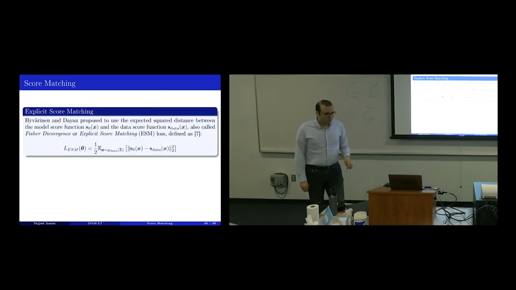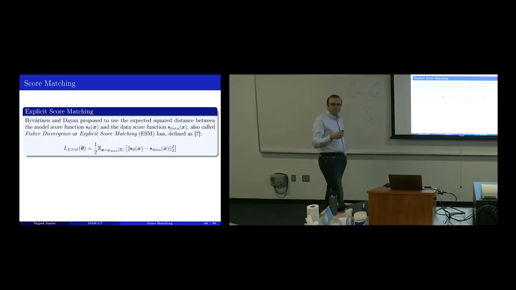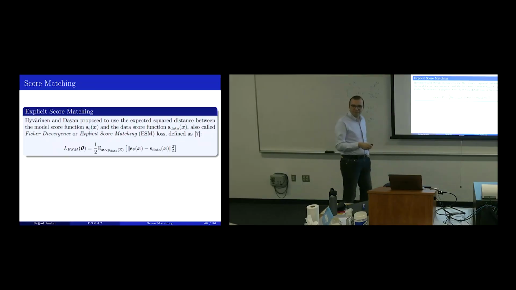Now we want to take steps toward a practical definition of that loss. How can we define the loss function for score matching? Hyvärinen and Dayan, this is a very great paper. I strongly recommend you to look at this paper. This is very well written and very intuitive in terms of score functions.